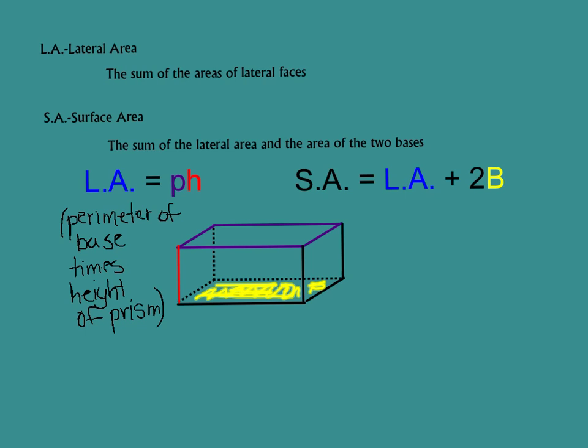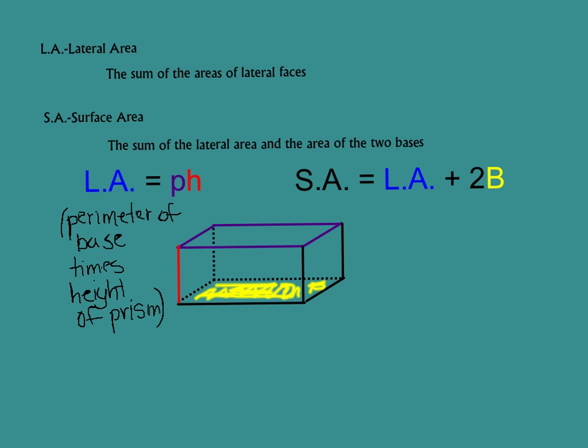Okay, moving on though. Surface area. This is the sum of the lateral area and the area of the 2 bases. So the surface area, again, it's the sum of our lateral area, and then we add that to the area of our base times 2. So LA stands for lateral area, and B stands for bases.